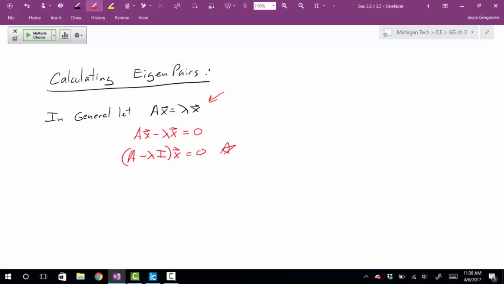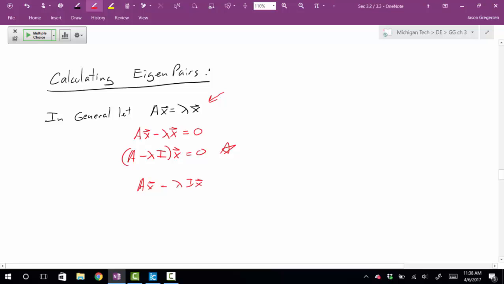And I want to use that to figure out lambda and x. The only problem is I have one equation and two unknowns. It's a problem here. And so what I need to do is figure out another equation to help me find one of these things. Now first, I add a little I there. What's I? I is the identity matrix. And where did it come from? Well, if I redistribute this x, I would have this thing minus lambda I times x.